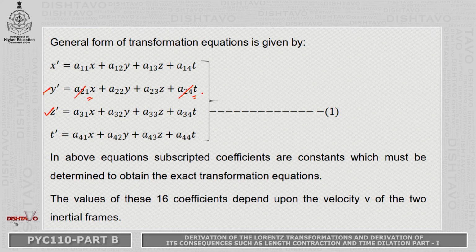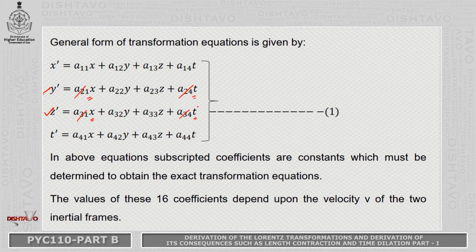Similarly, z dash is 0 when z is 0 when x and x dash axis coincide. Z dash will be 0 when y is 0 and z is 0. So we cannot say anything about this x term and then t term. So the multipliers to these two terms, a31 and a34, must be fixed to 0.